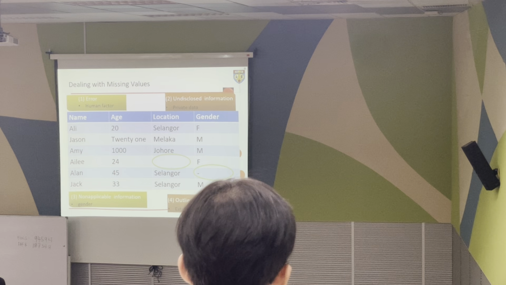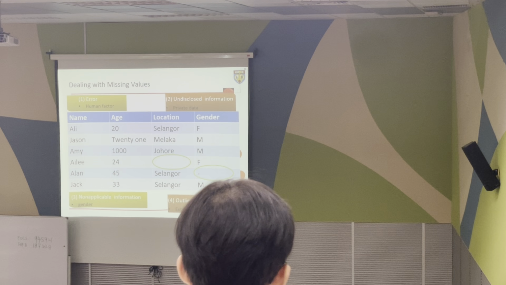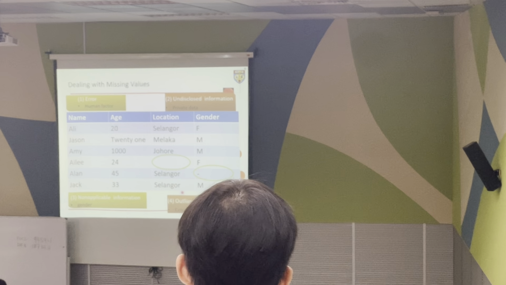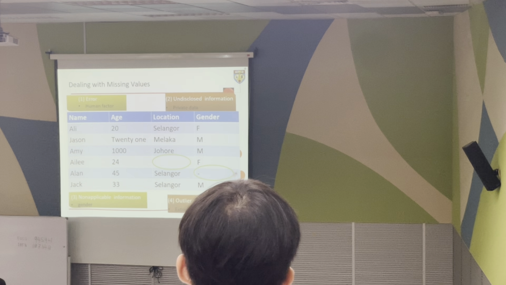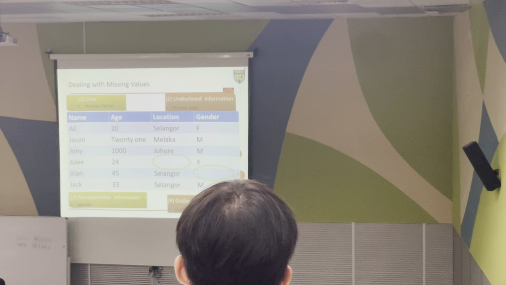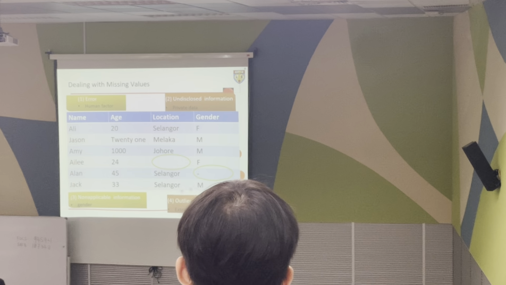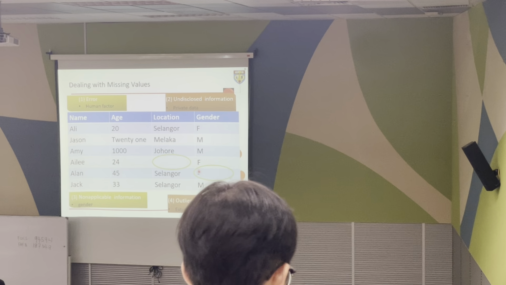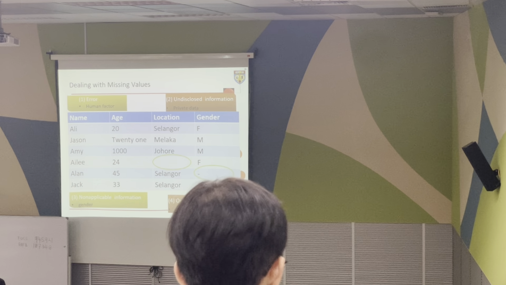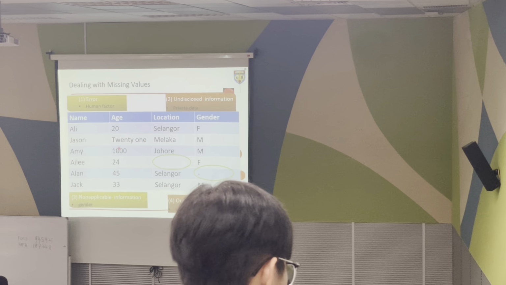And the fourth reason why our data set contains missing values is due to outlier values. We call them extreme values. Outlier here means that in your data set there is a data point that is different from the rest of the data.